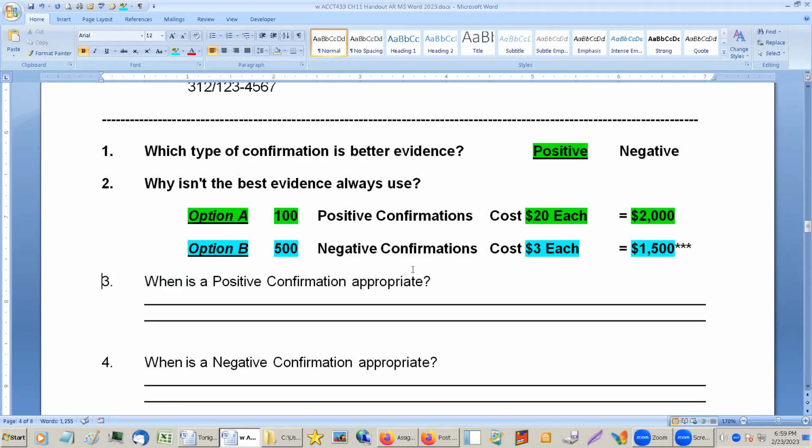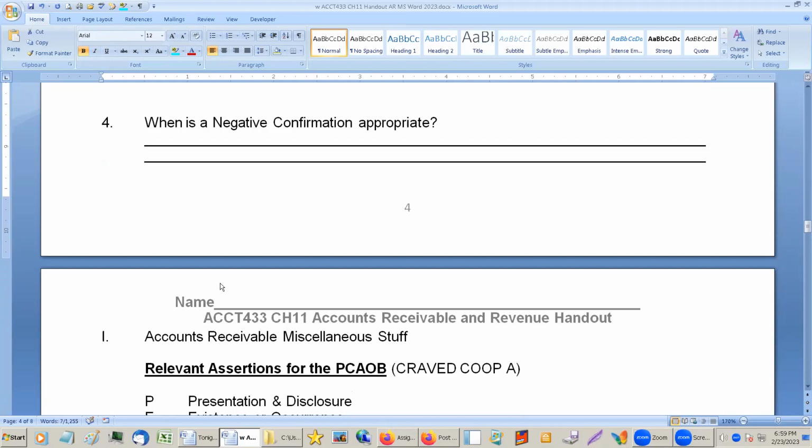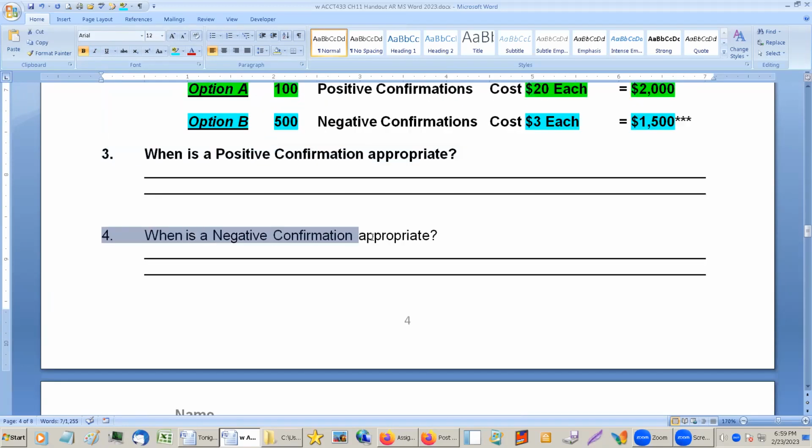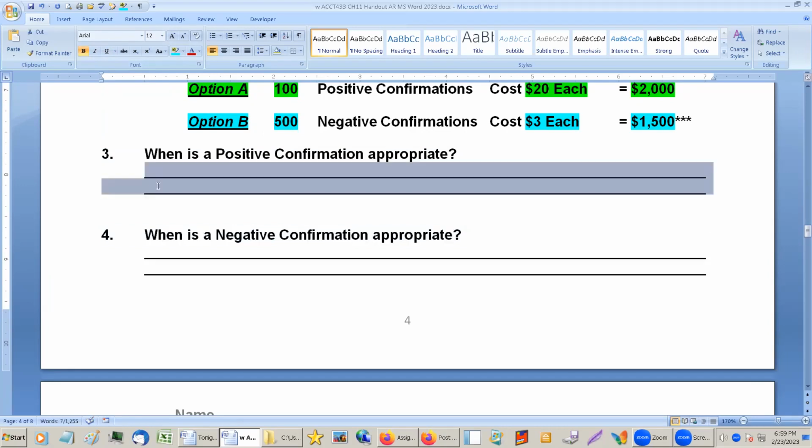Okay, so when is it appropriate? When is a positive confirmation appropriate?